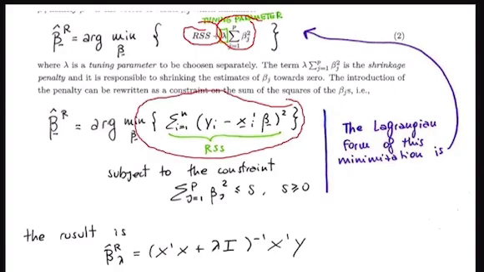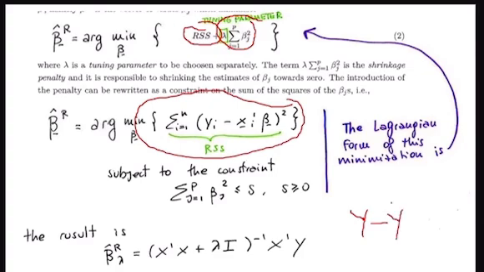The residual sum of squares is the sum of squares of the difference between the predicted and the actual response. You remember Y minus Y cap?